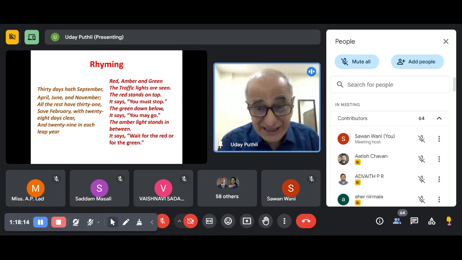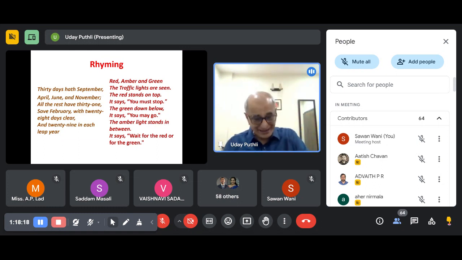But there's another physical mnemonic for this same thing. Can you see my hand? Now, here, when I close my fist like this, you will notice that there are ups and downs. So, wherever there is a higher point, it is 31 days, and wherever the point is lower, it is less than 31 days, either 30 or 28 or 29.